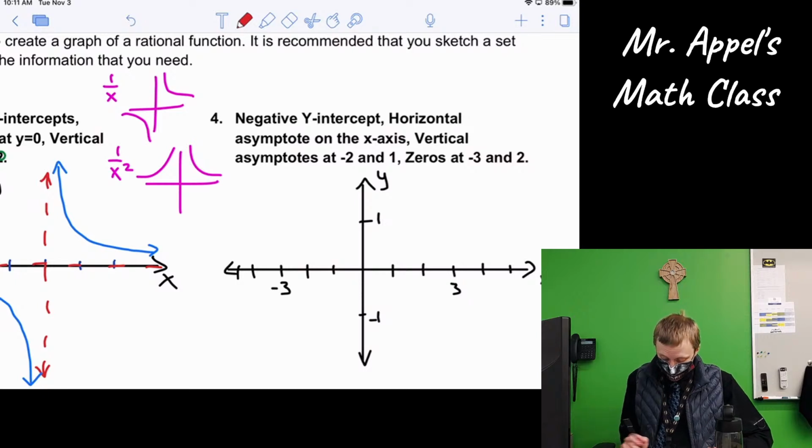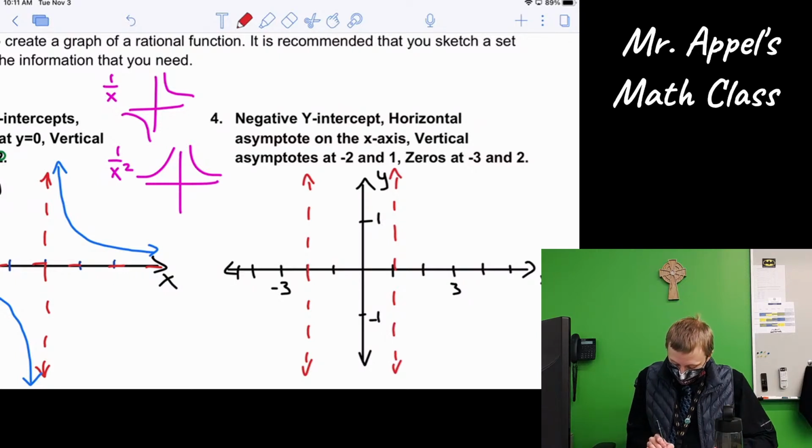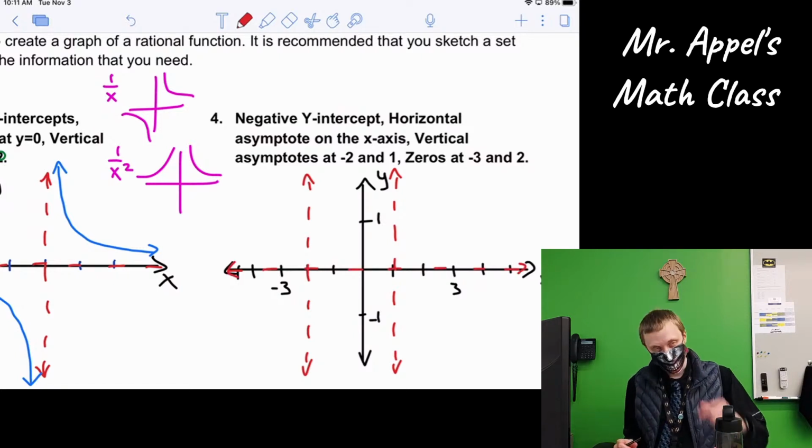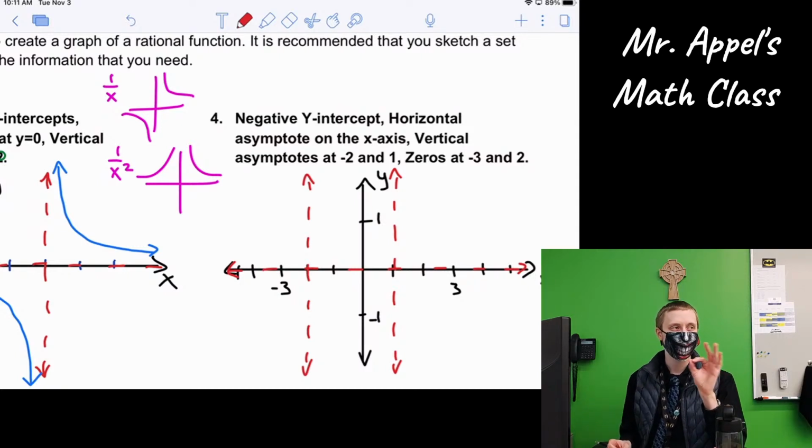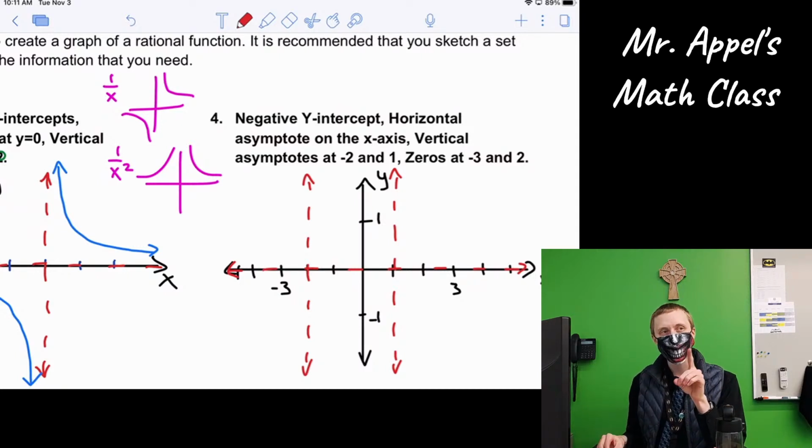All right, my asymptotes are at negative 2, so go back to negative 2, vertical line here, and positive 1, line there, and horizontal on the x-axis. Now, I said you're never allowed to cross an asymptote. That's not entirely true. The horizontal asymptote is your only source of exceptions.